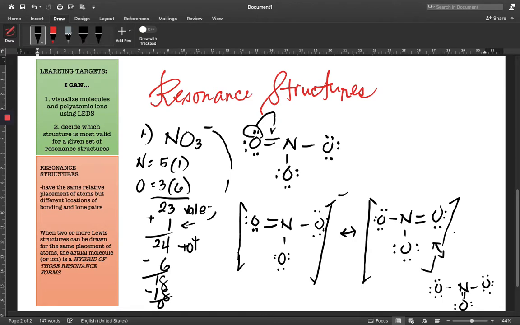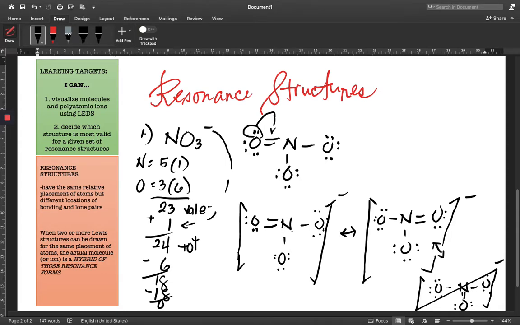Let's pretend that the arrow is outside, the negative charge, all right? In here, so negative. So those are the resonance forms or the resonance structure of the nitrate ion.